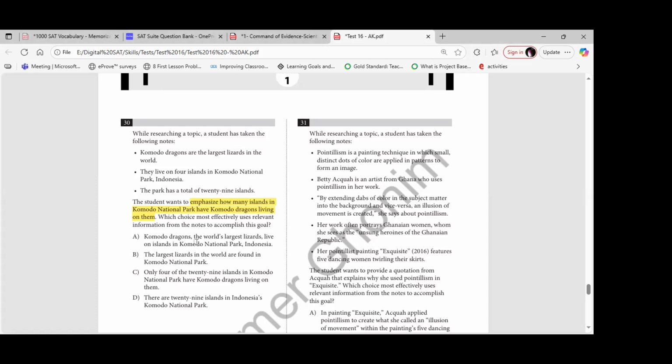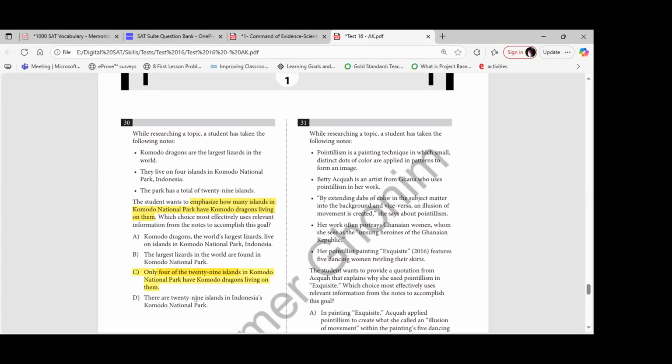The Komodo dragon, the world's largest lizard, lives on islands in Komodo National Park, Indonesia. Nothing here mentions the number. The largest lizard in the world is found in Komodo National Park. Nothing here mentions the number. Only 4 of the 29 islands in Komodo National Park have Komodo dragons living on them. Yes, this matches what he asked for.